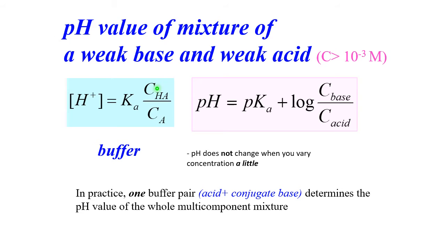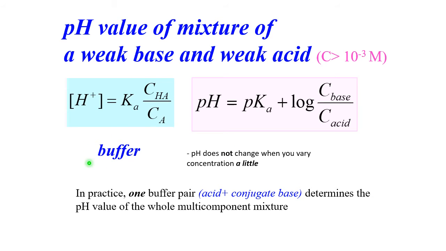This concentration will drop tenfold, but this concentration will drop by the same factor, this and this. So the ratio will stay the same, meaning acidity will be the same and pH will stay the same. We do something to our solution, but pH doesn't change.